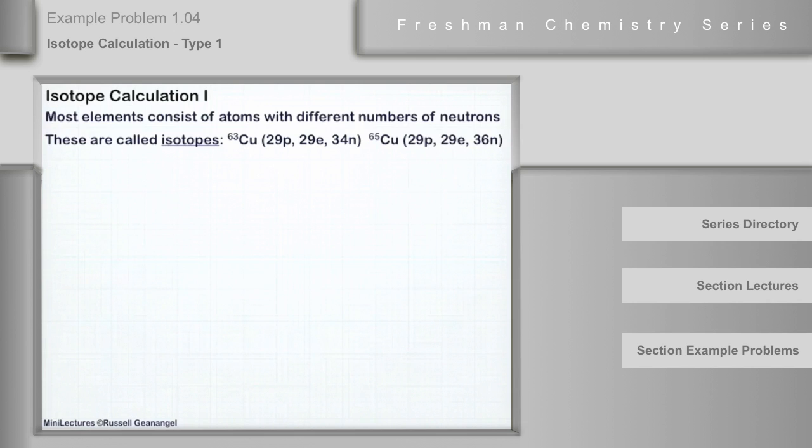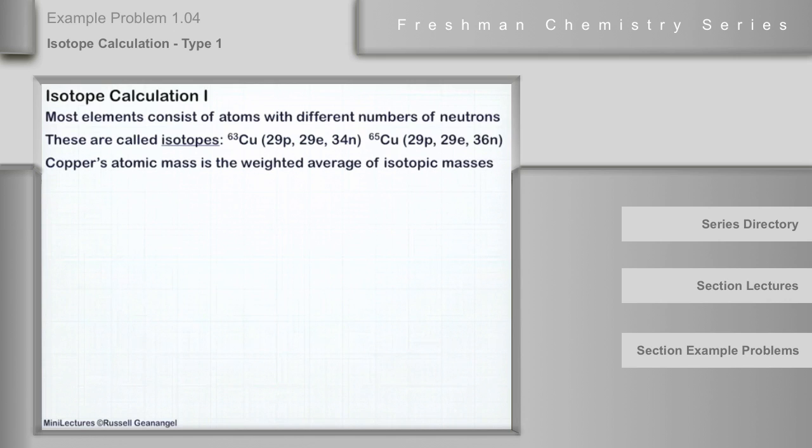These two forms of copper atoms, as you see, differ only in the number of neutrons. If we used a sample of copper in an experiment, the copper would be made up of copper 63 and copper 65 atoms or isotopes, and the atomic mass of the group of copper atoms would be the weighted average of the isotopic masses of copper 63 and copper 65.